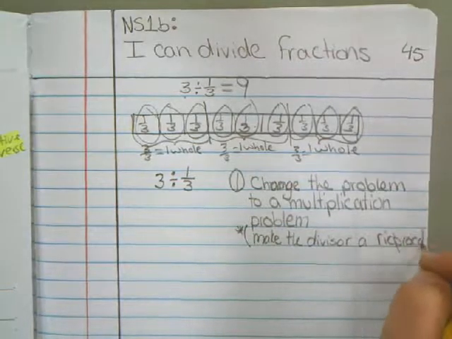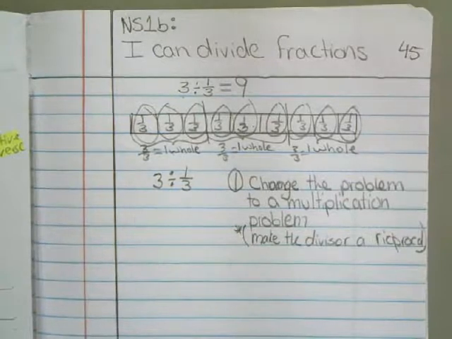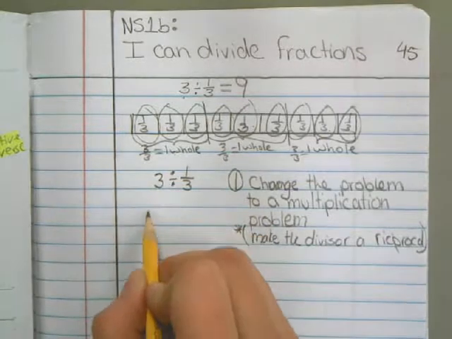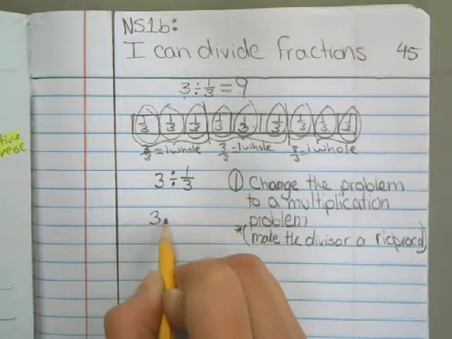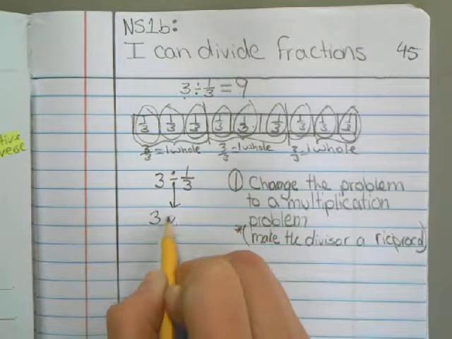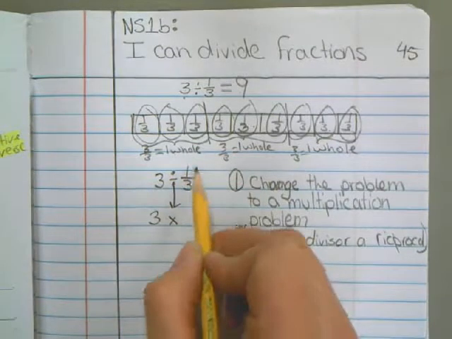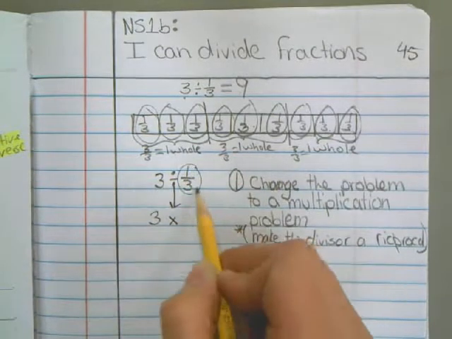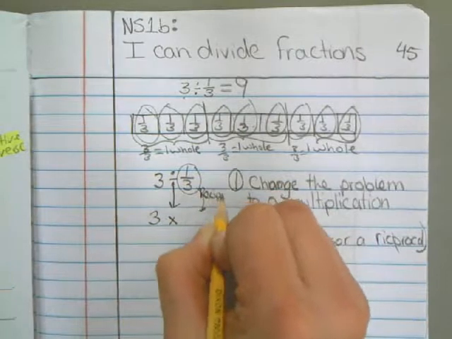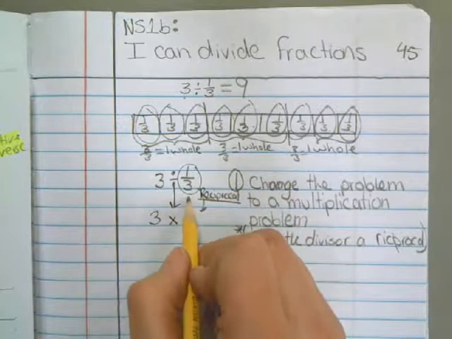Okay, so let me explain what that means exactly. Okay, so 3 divided by 1/3. We're going to keep the 3. Now, instead of division, it's going to become a multiplication problem. Okay, and instead of 1/3, we're going to do the reciprocal. So what is the reciprocal of 1/3?